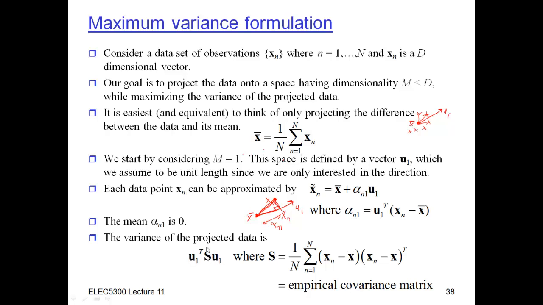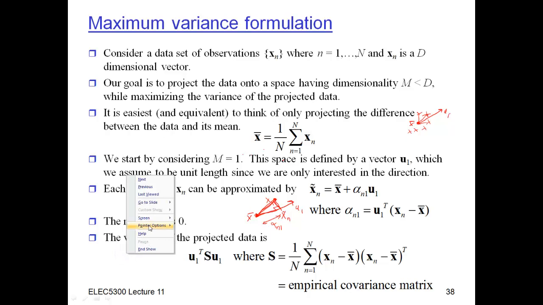This is a quadratic form where this is the direction that I'm talking about. And this S matrix is the empirical covariance matrix. So it's the covariance matrix computed from the data. So this is x minus the mean, and then I just square it, and this is going to be some kind of square matrix, a d by d square matrix.